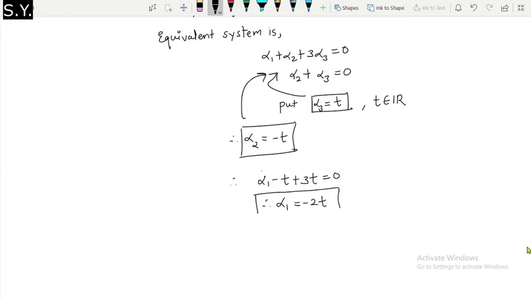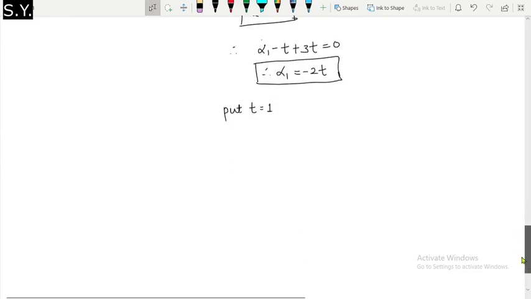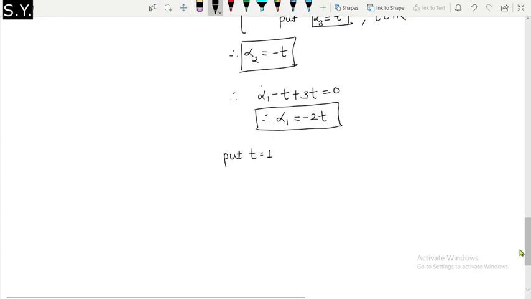So which value of t are you going to use? You are supposed to avoid fractions, but if you use any value of t, it is still going to work. So I will go for any integer value. If you use a fraction value, then you will get fractions, but I want integer values, so I will go for 1, and therefore alpha 1 is minus 2, alpha 2 is minus 1, and alpha 3 is 1.